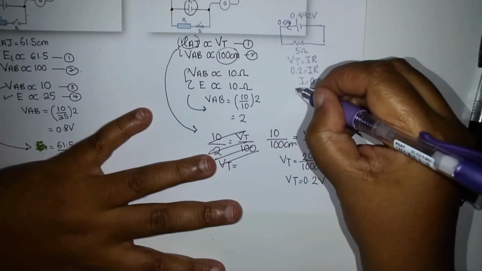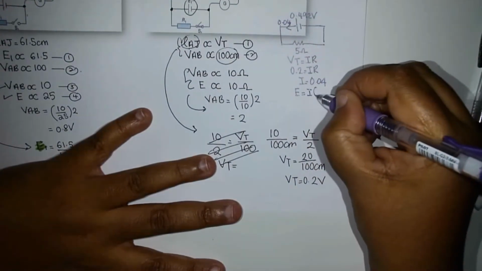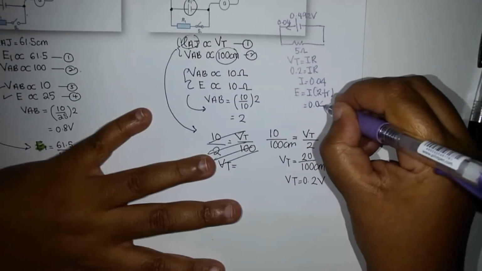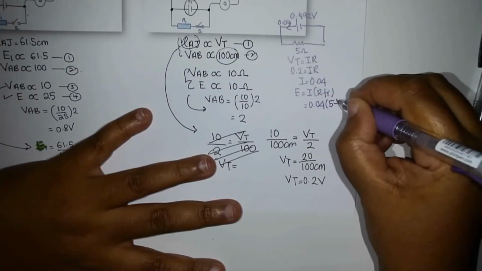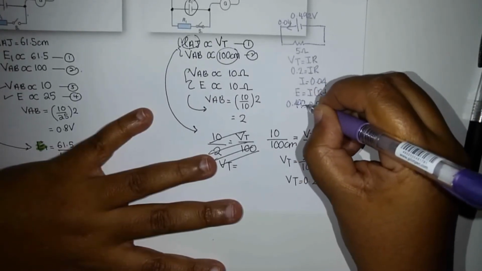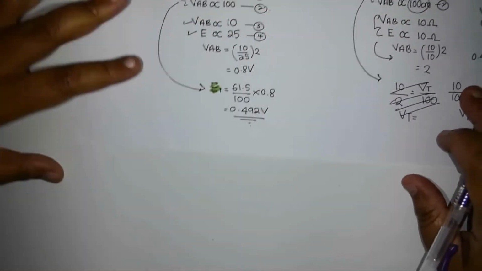So then we use E is equals to I times (R plus small r). I is 0.04, R is 5, and we have E is 0.492, which we got from the beginning here.